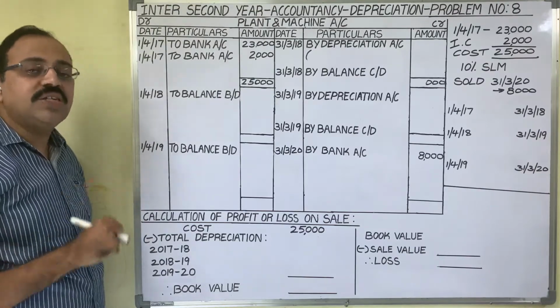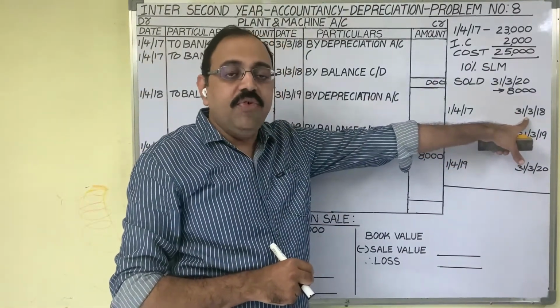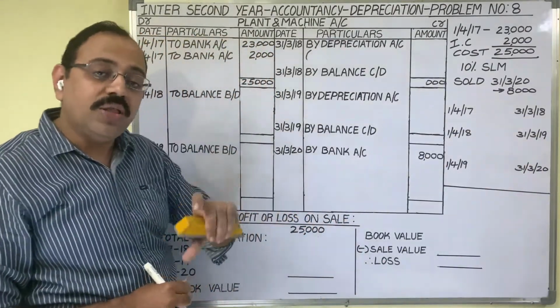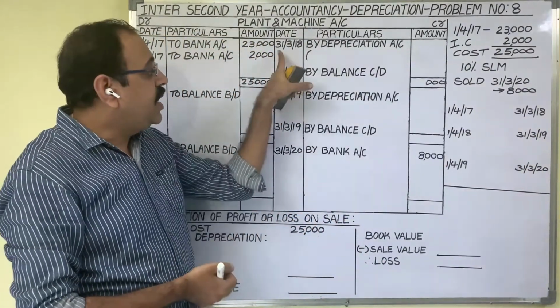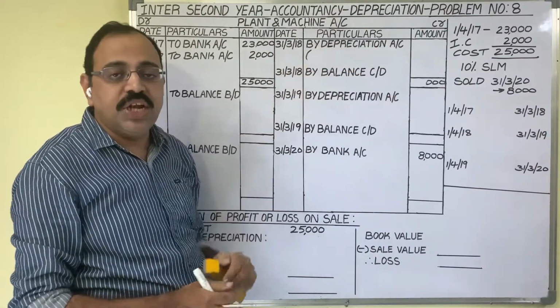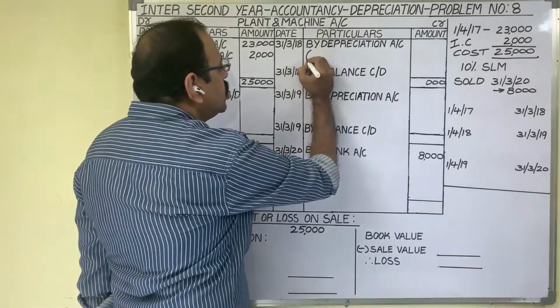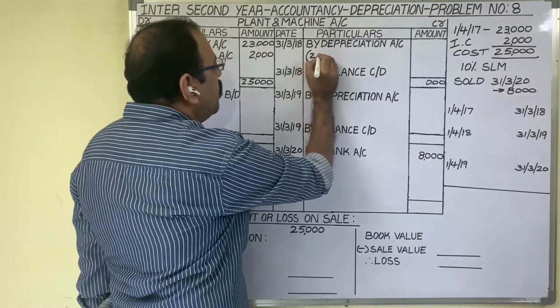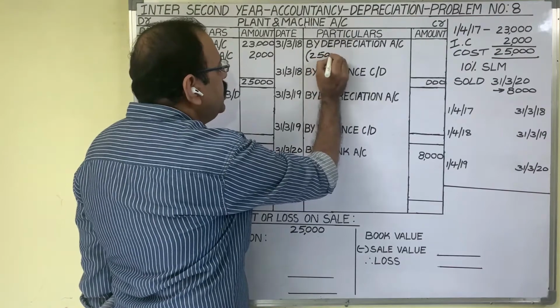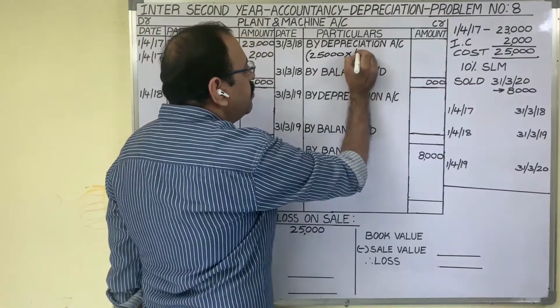At the end of the first year, on 31st March 18, we should provide depreciation on this asset. On the credit side, last date of the year, by depreciation account. Calculation is on the original cost of the asset, 25,000 rupees, 10% depreciation we should provide.